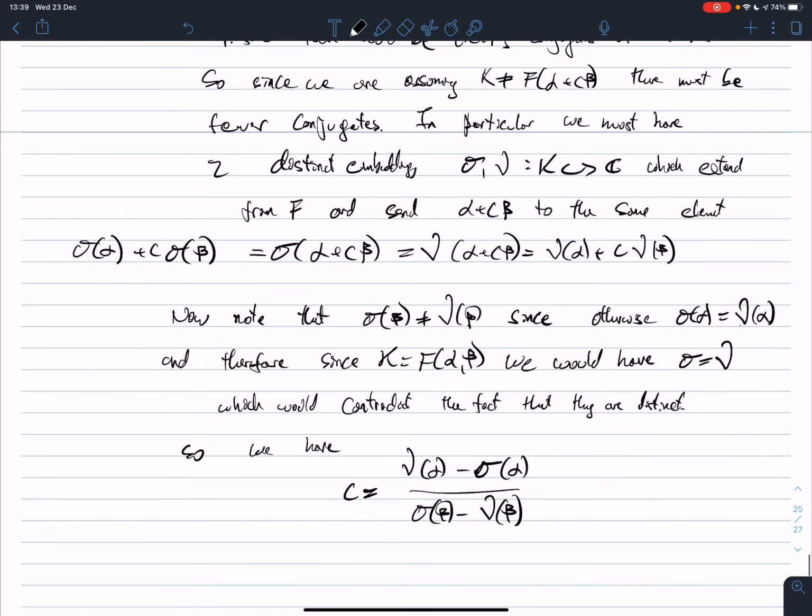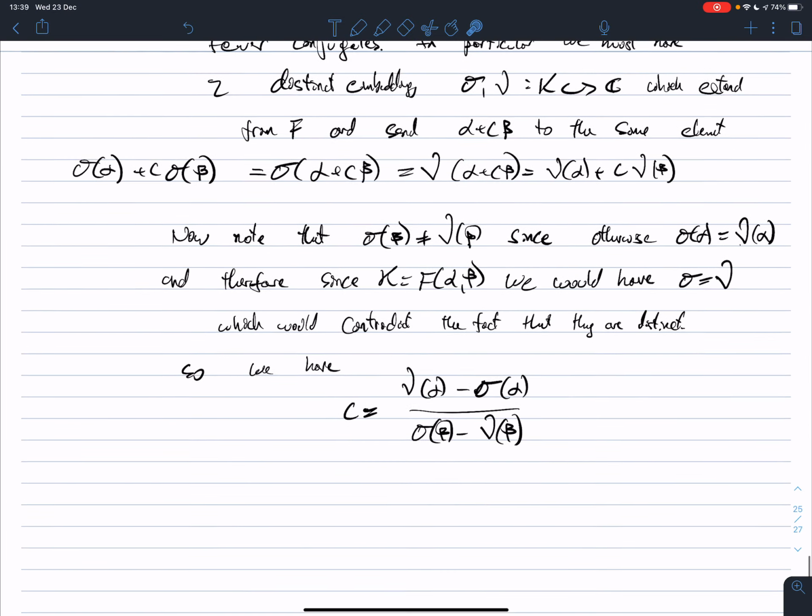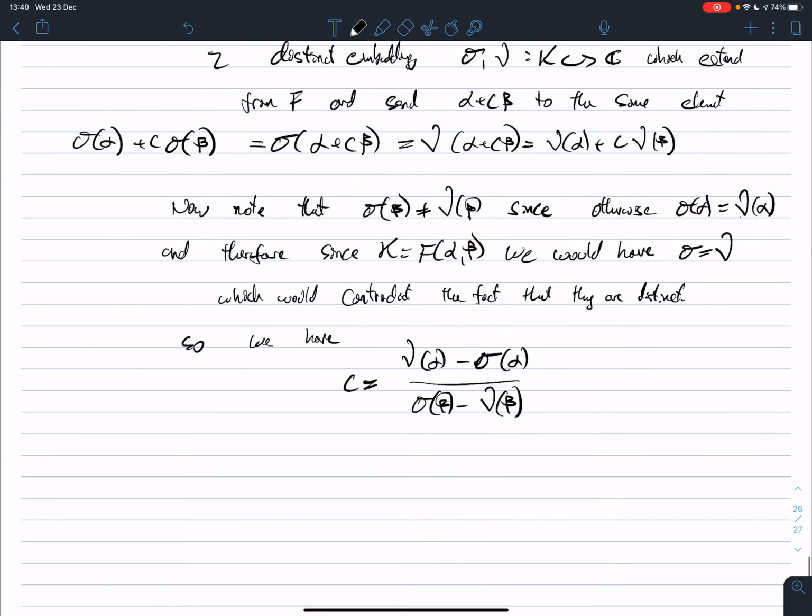I'm allowed to do this because I'm not dividing by 0. But now, I told you that the embeddings can only send a root to another conjugate root. So there's only finitely many choices for c, because the choices for where to send alpha are limited in each of these cases.